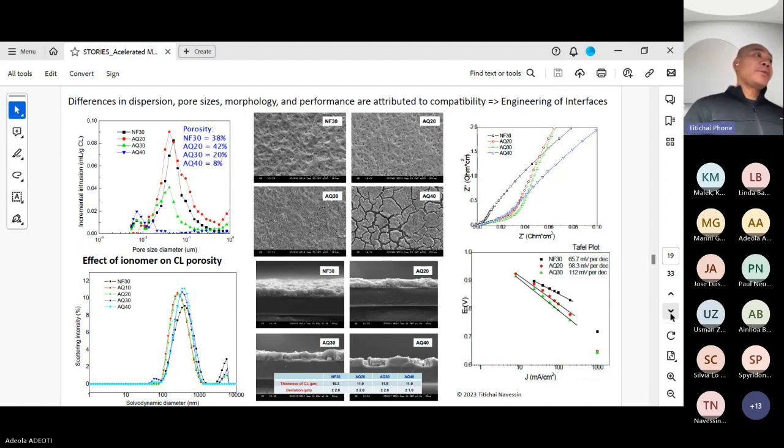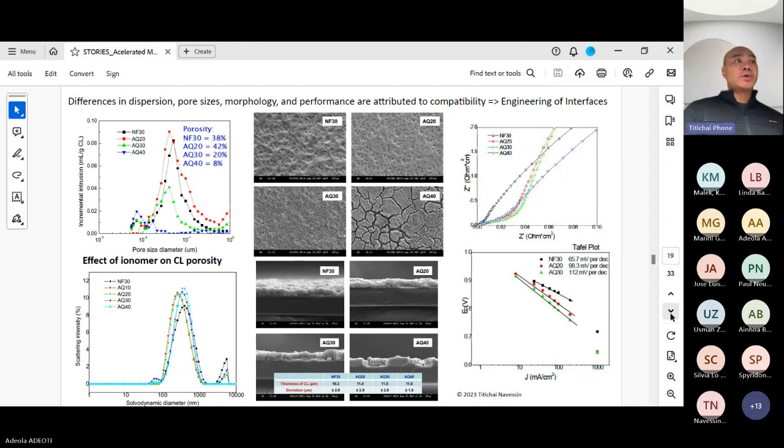First, on the left, it affects the hydrodynamic diameters, so the dispersibility of the catalyst particles in the ink stage before you deposit changes. It also affects the porosity after deposition.